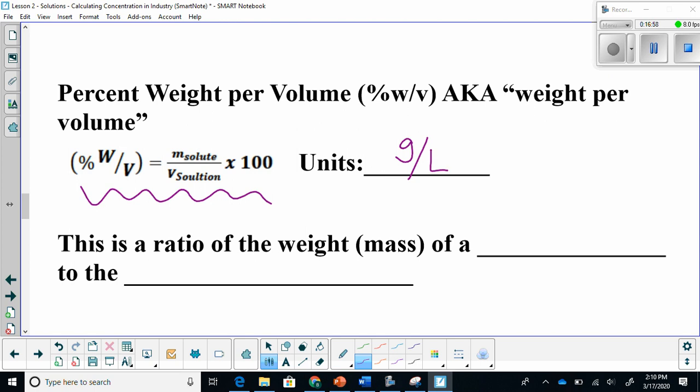So you need to be actively checking to make sure that you have these units when you are using the formula. Okay, so the ratio of weight or mass of a solute measured in grams to the volume in liters of a solution.